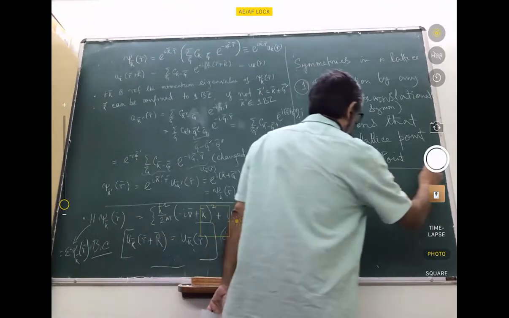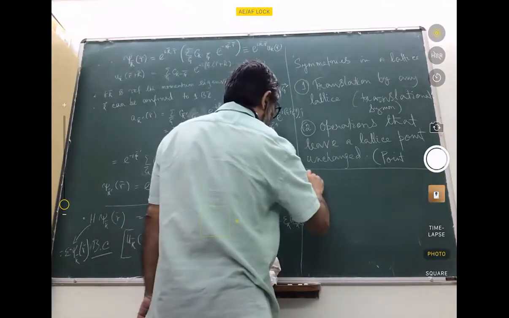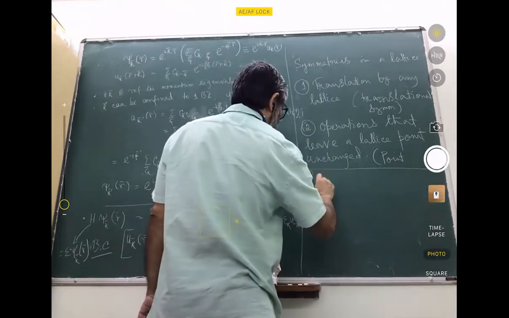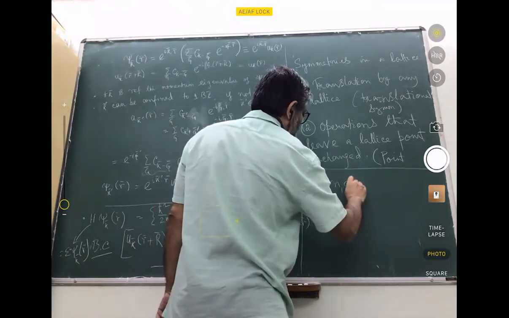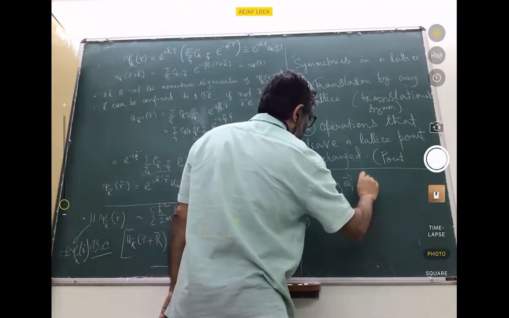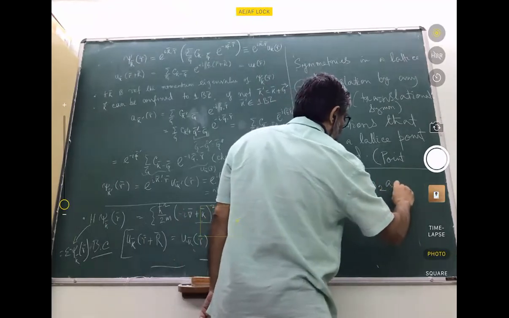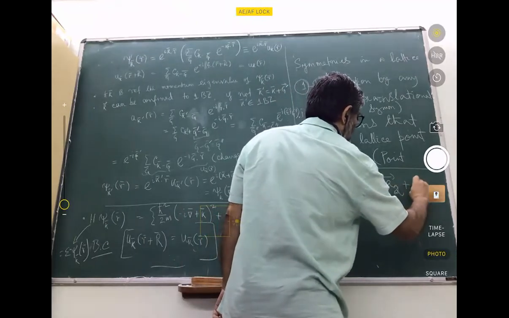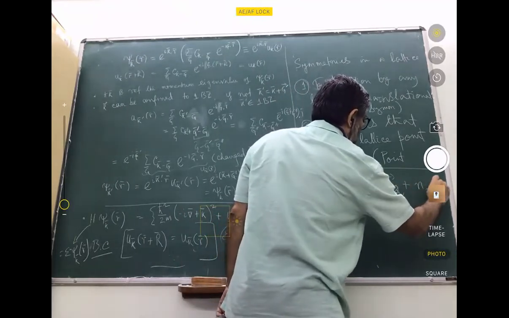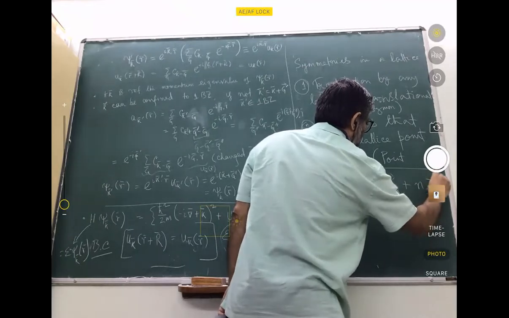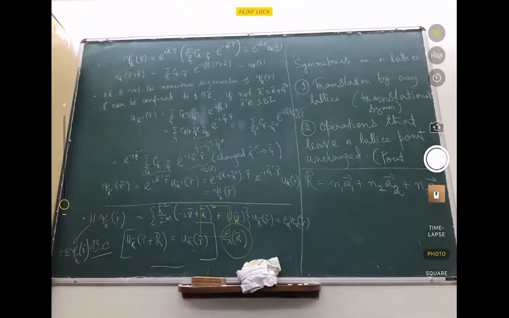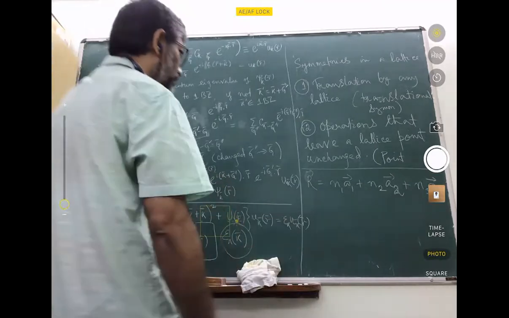So this is obvious because if you translate the lattice by any vector which is an integer linear combination of our lattice vectors, then it will get mapped onto itself.